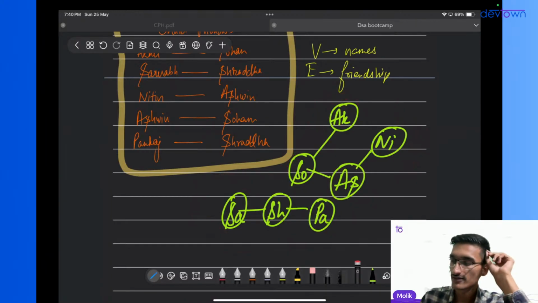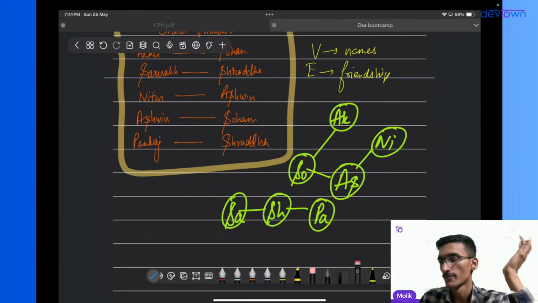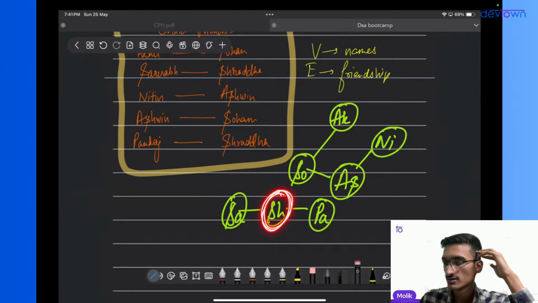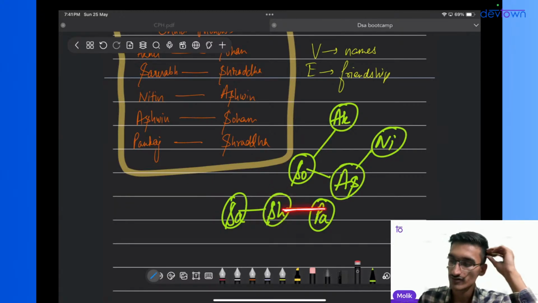So now if I ask you how many friends does Soham have? You can just say the in-degree of Soham. In-degree means number of incoming edges. So there are two friends.